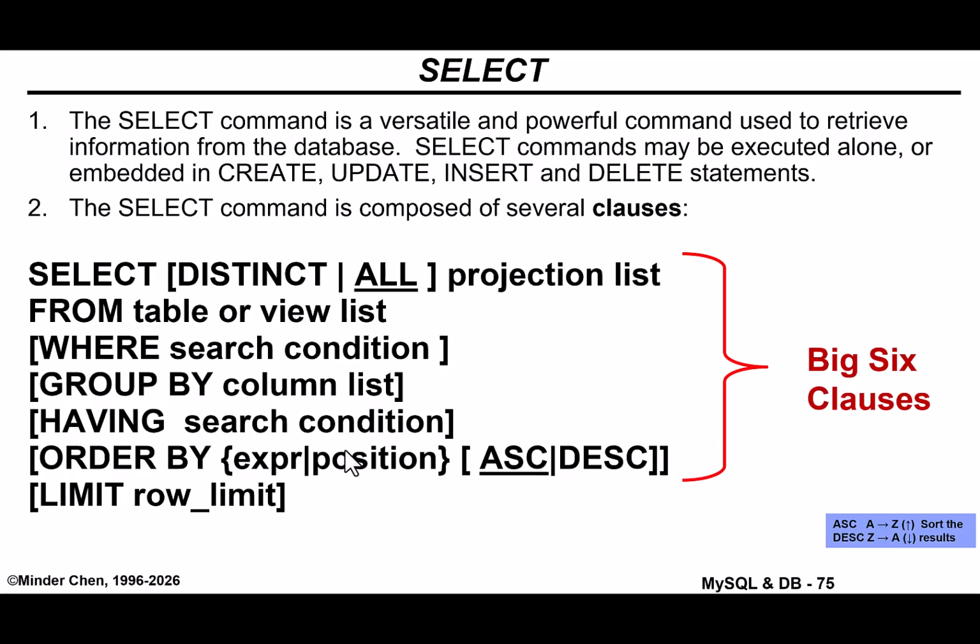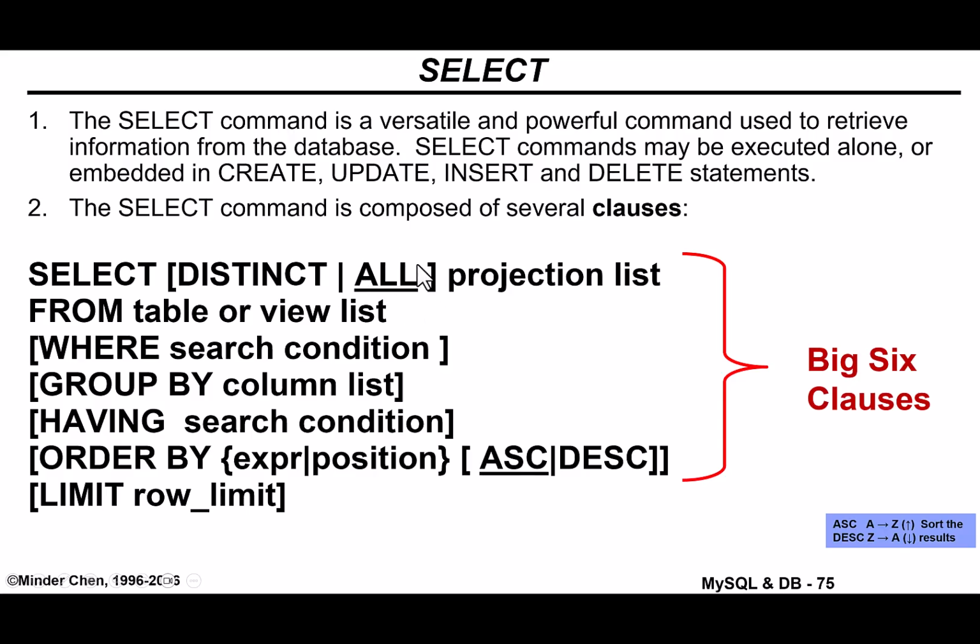So this is the formal select statement in the SQL language, which consists of several parts. We call them clauses. Select is a keyword. Select, from, where, group by, having, order by, and limit are reserved words. Distinct is a reserved word.